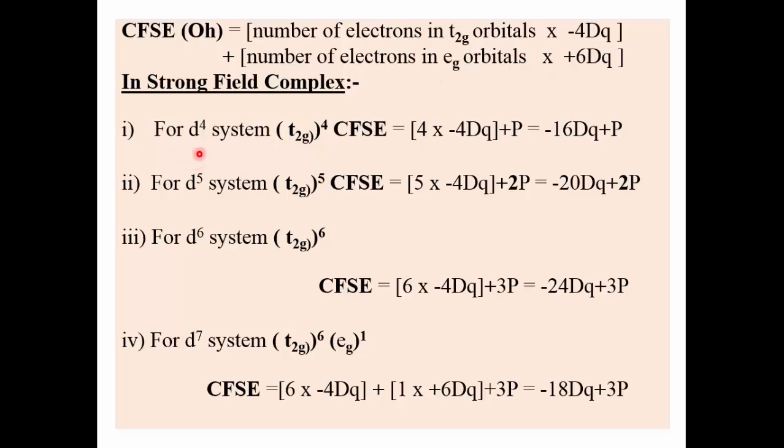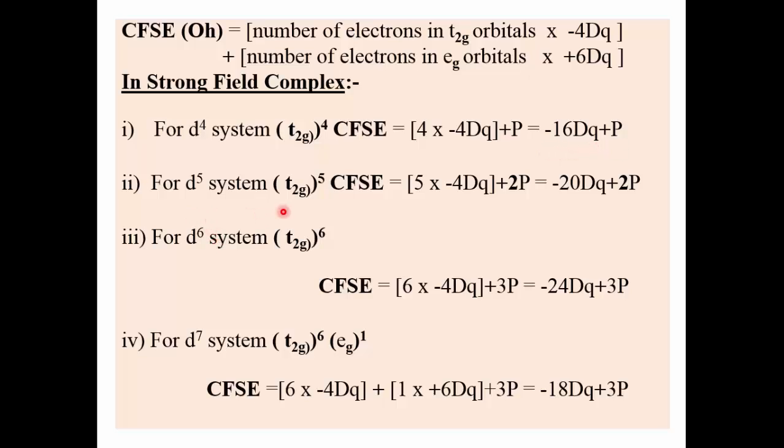Let us see. For the D4 system in strong field, all electrons enter into the t2g orbital. So t2g contains 4 electrons, and therefore 4 into its energy minus 4dq. 1 electron pair is in the t2g orbital, therefore the energy is minus 16dq plus p.